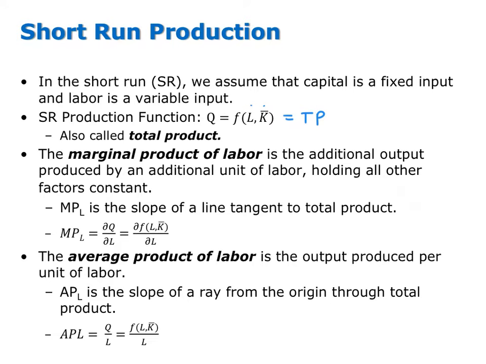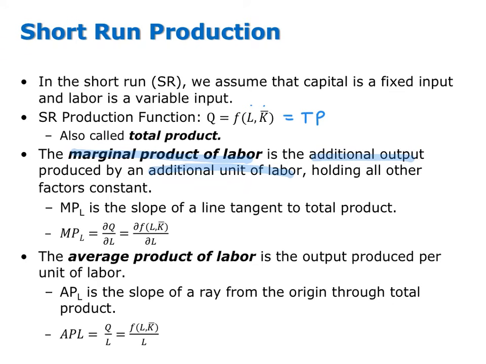Marginal product, like any other marginal, is about the incremental. Marginal product is the incremental or additional output that can be produced when the firm adds one more unit of labor holding capital constant. Marginal product tells the firm if it uses one more worker how much additional output will be produced.